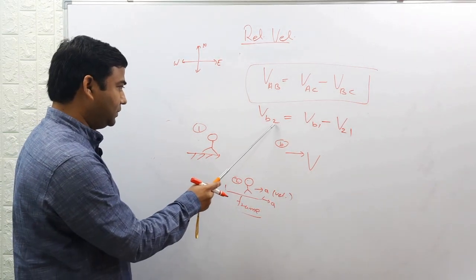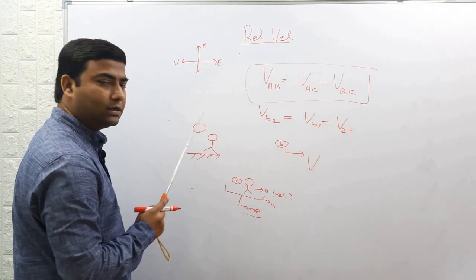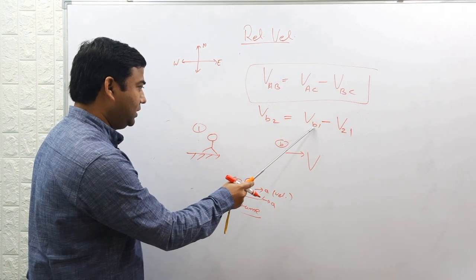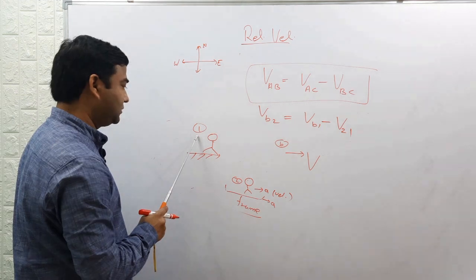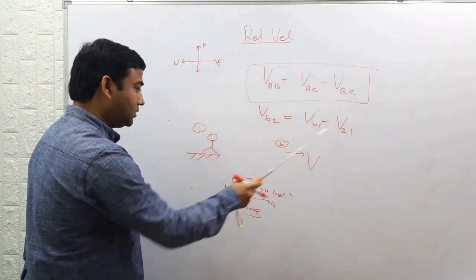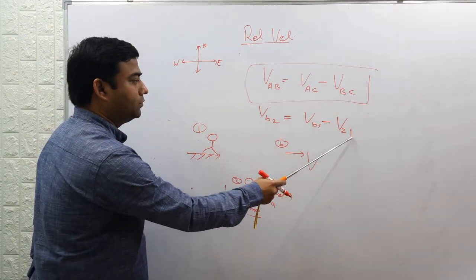Velocity of ball with respect to observer 2 is velocity of ball with respect to observer 1 minus velocity of observer 2 with respect to observer 1.